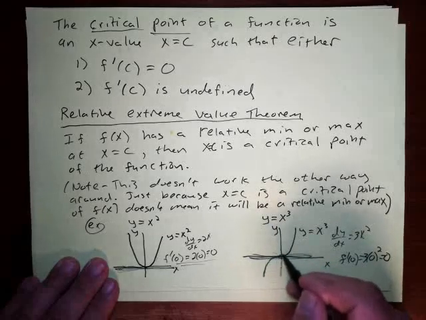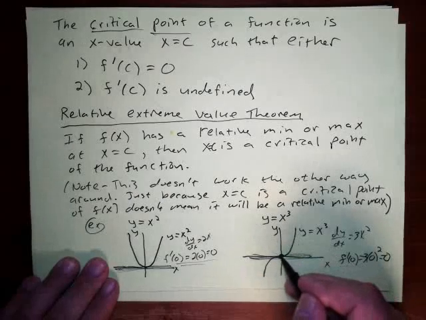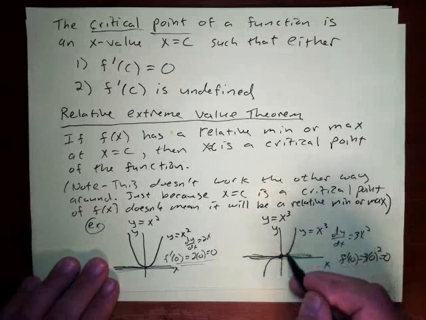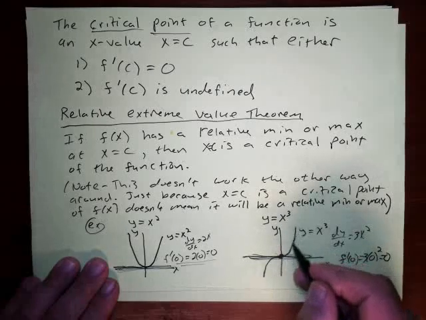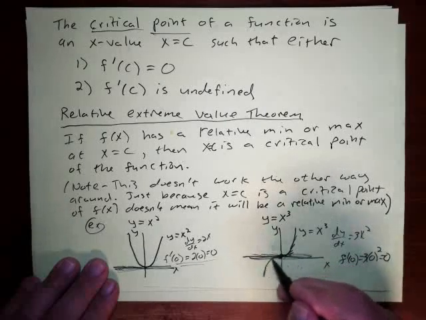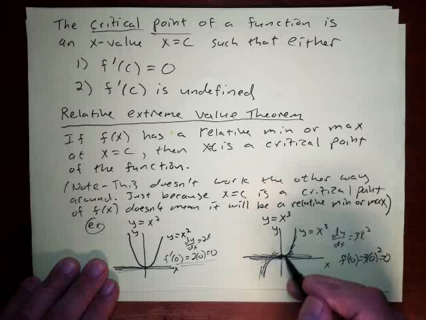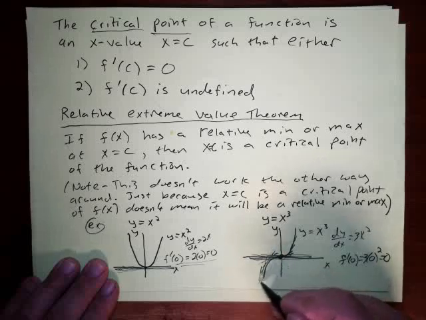So this is neither a min nor a max, even though that point is a critical point. The derivative is equal to 0, it's flattening out, getting closer to 0. It is 0, but then it starts to get steeper.